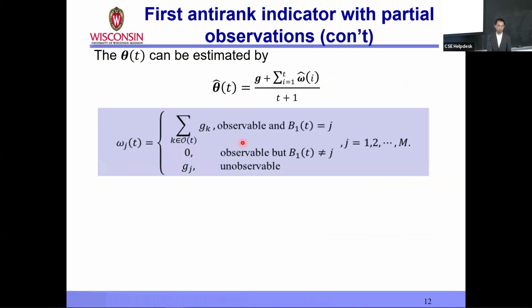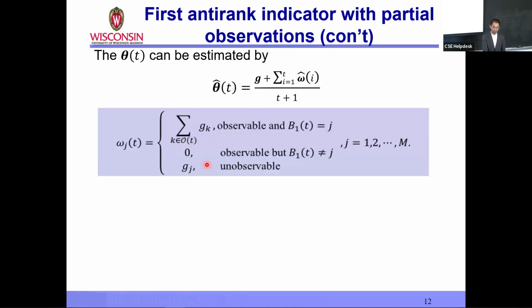When the variable is observed and it's the smallest one among those observed, we assign the probability here. In the second scenario, when the variable is observed but not the smallest one, we assign a probability of 0. And for those unobserved data streams, we assign the in-control parameter g to the omega. In this case, we can get the estimation of the theta, and this omega can also capture the heterogeneity because it's based on the in-control parameter g here.